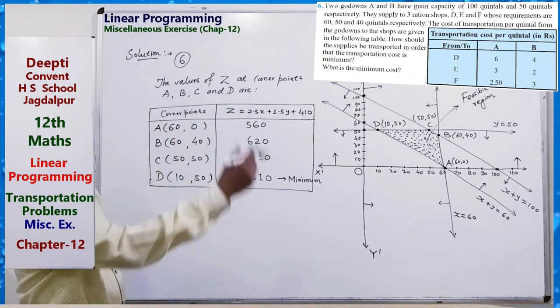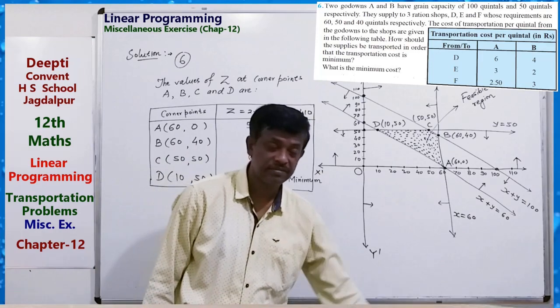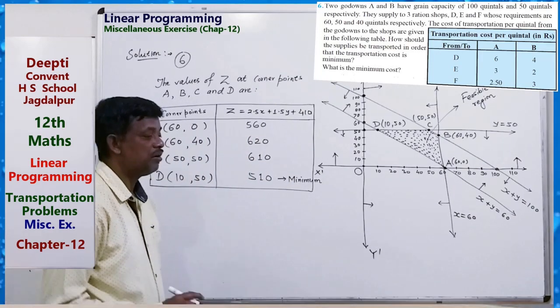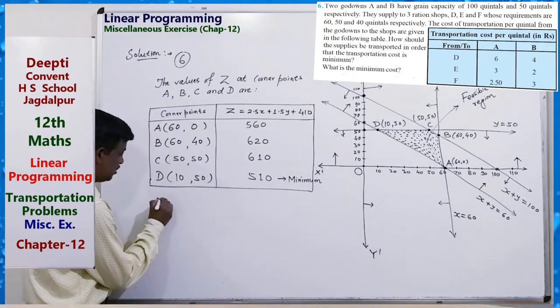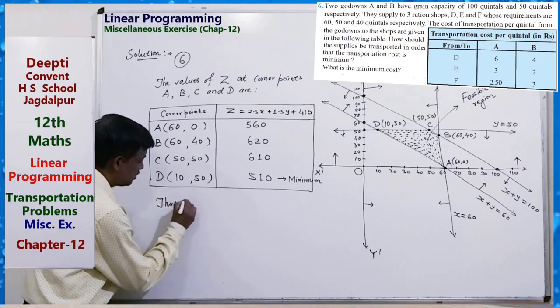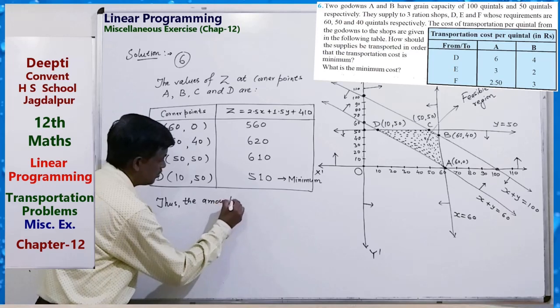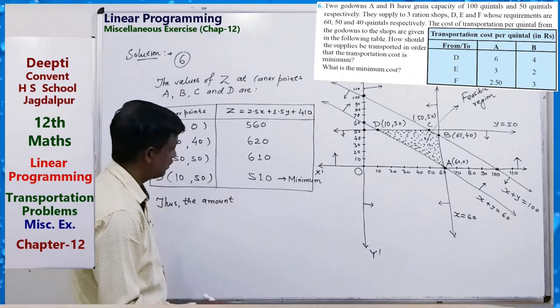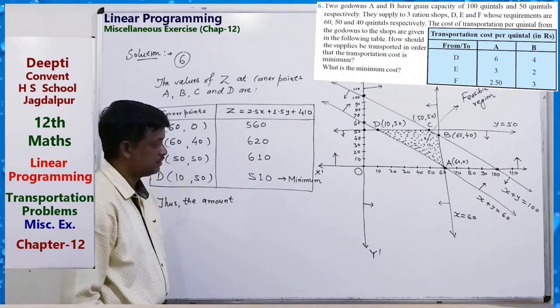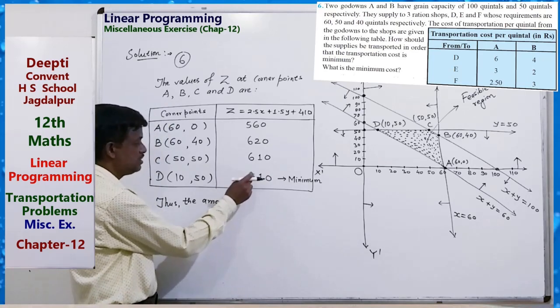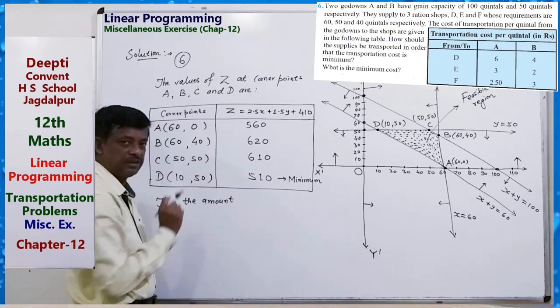So we can find the minimum cost for the amount of grain transportation.